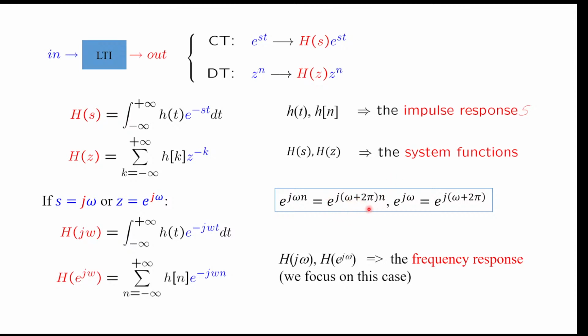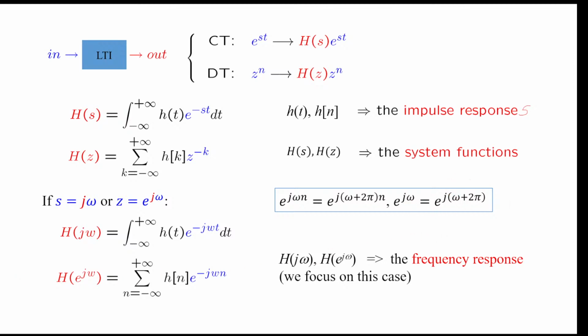Changing omega to omega plus 2 pi doesn't change your signal in the discrete case. This property is nicely captured by writing z, or writing e to the j omega, because e to the j omega also doesn't change when you change omega to omega plus 2 pi.